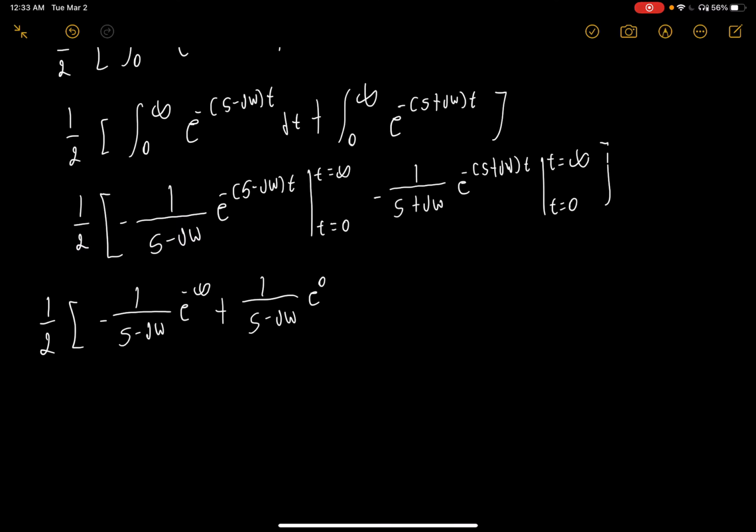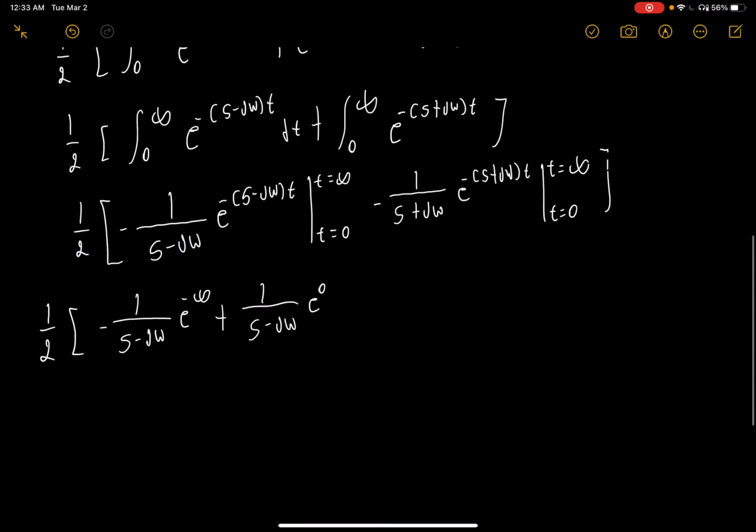That's our first integral. Now let's go on with our second part. We're going to have 1 over s plus j omega, and this is going to be e to the negative infinity; again I have a positive 1 over s plus j omega e to the 0. And this is what we have.